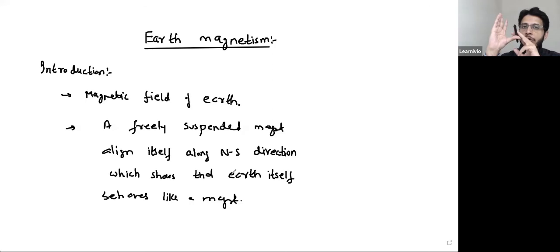Basically, the magnetic field of Earth magnetizes this piece of iron. All this evidence shows that Earth itself behaves like a magnet. Earth has some magnetic field of its own. So in this chapter, we will study the magnetic field of Earth very briefly.